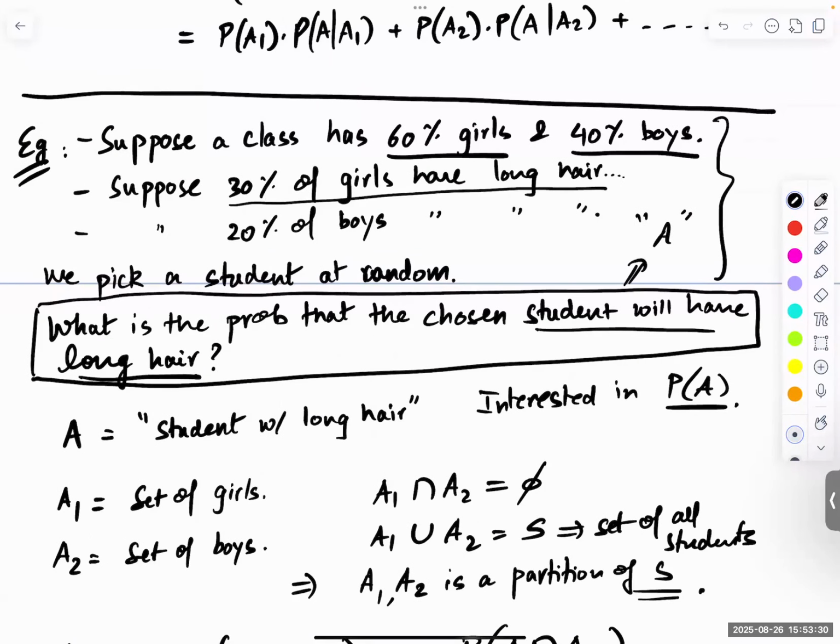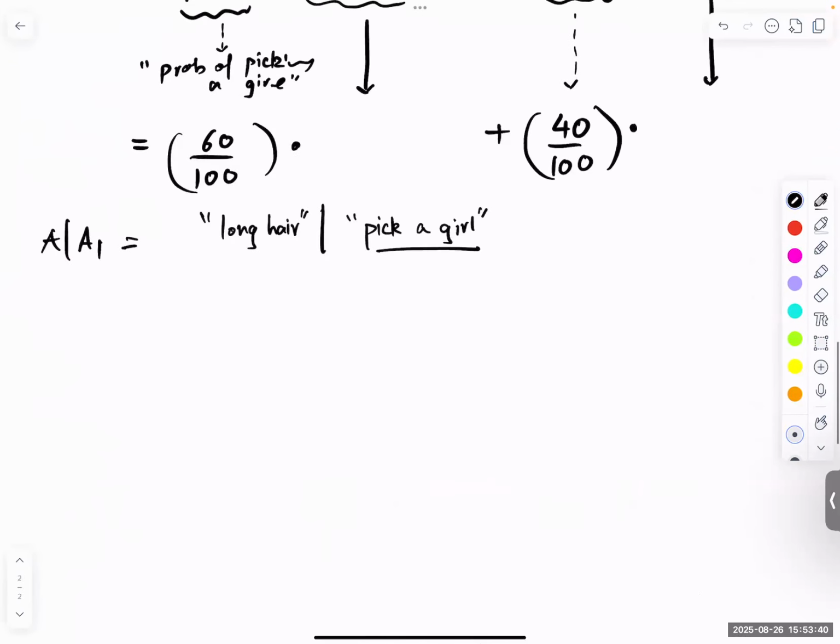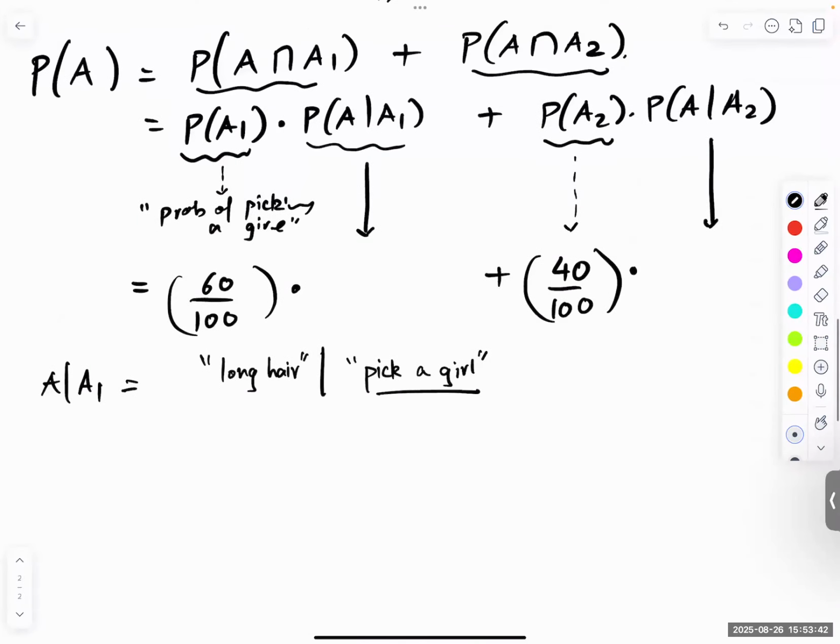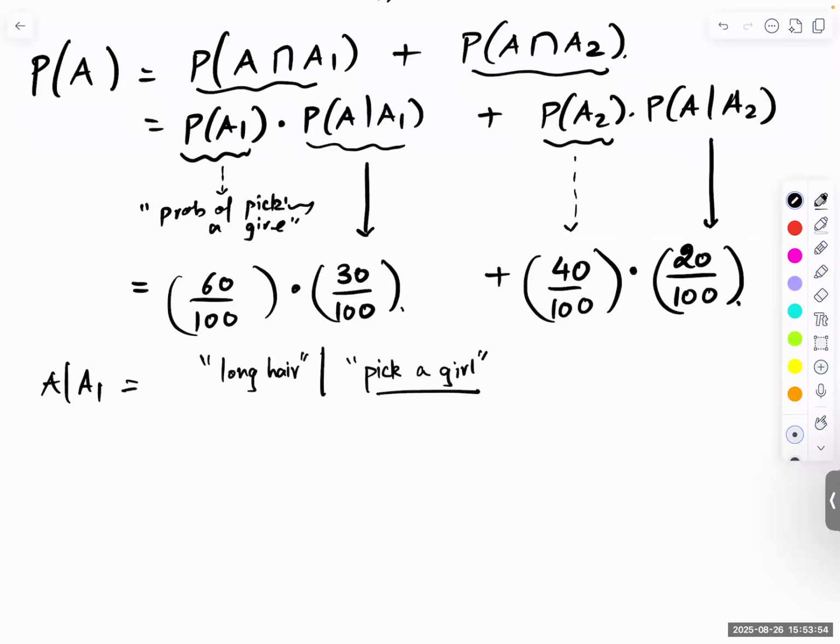So if a girl was picked, there's a 30% chance that she will have long hair. Similarly, if a boy is picked, then there's a 20% chance that the boy will have long hair. So what we are really provided is that the probability of A given A1 is 30 by 100, and A given A2 is 20 by 100.